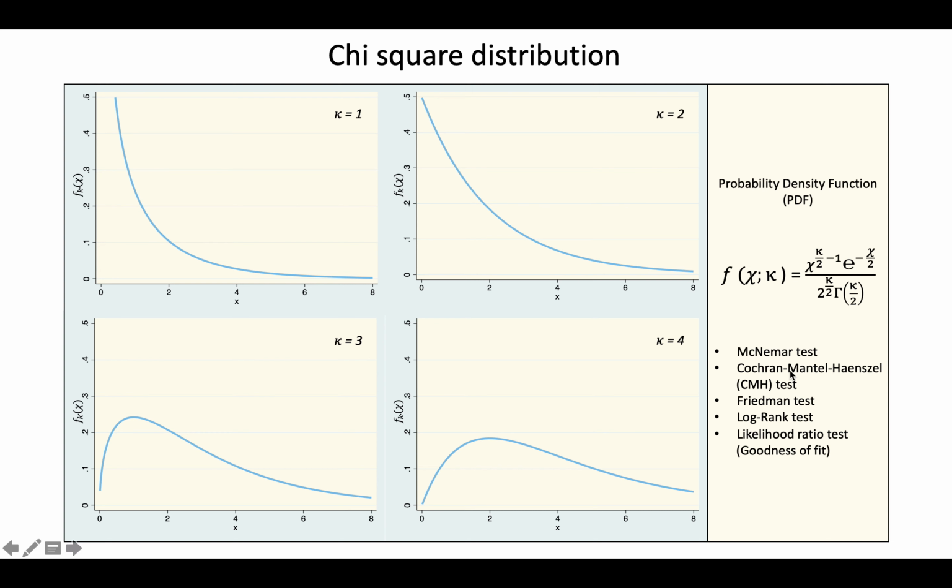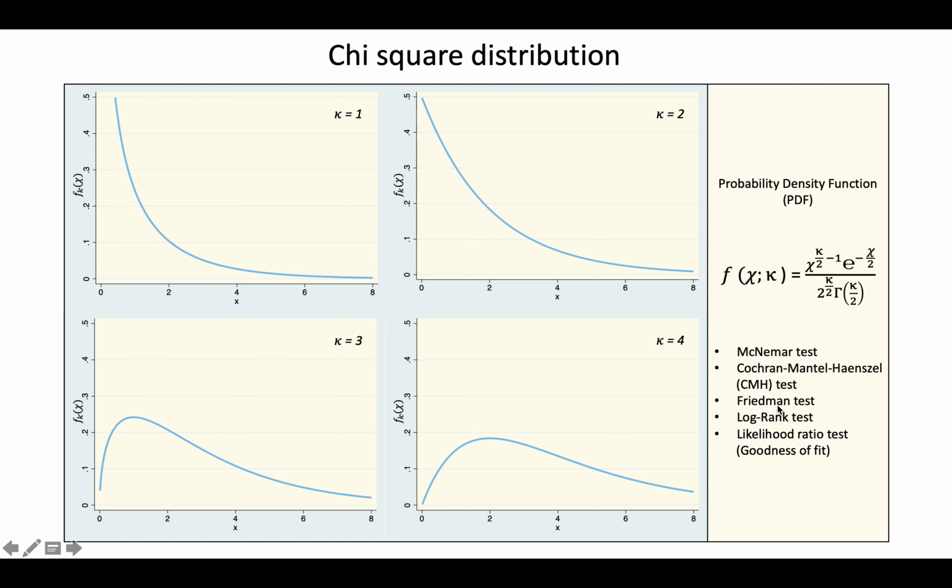For example, the McNemar test, which is basically the version of the chi-square for matched or paired data. The Cochran-Mantel-Haenszel test, the CMH test, which is very similar to the McNemar test, but rather than paired data, this test can accept more than two variables, for example, ordinal variables.